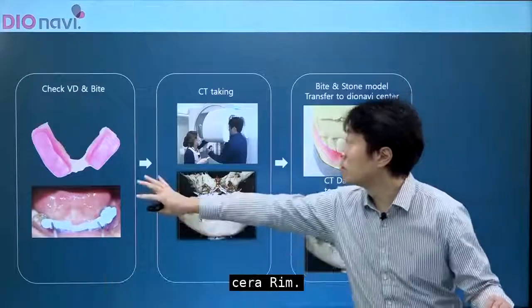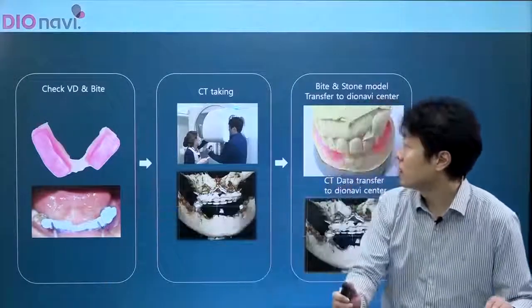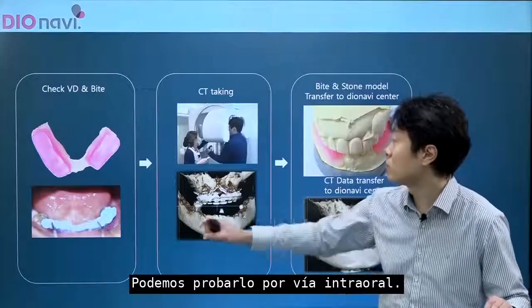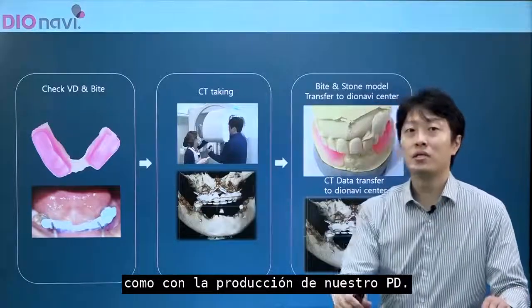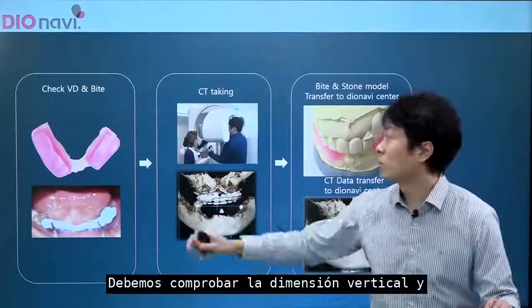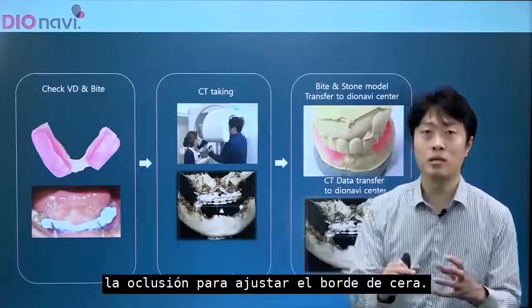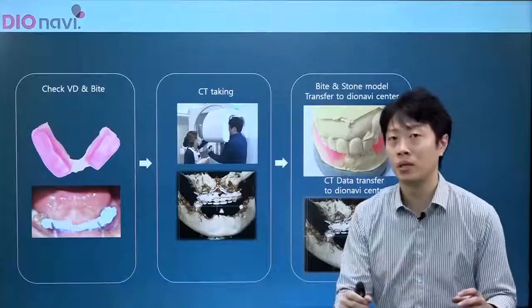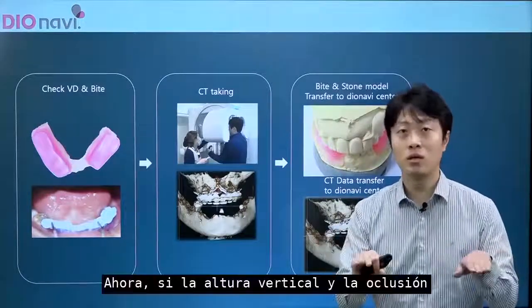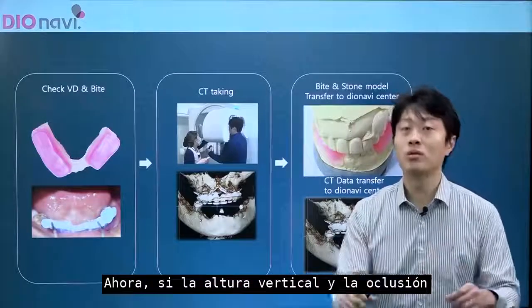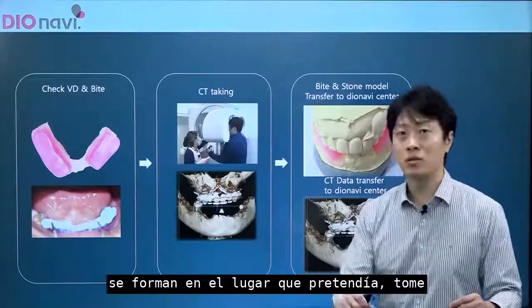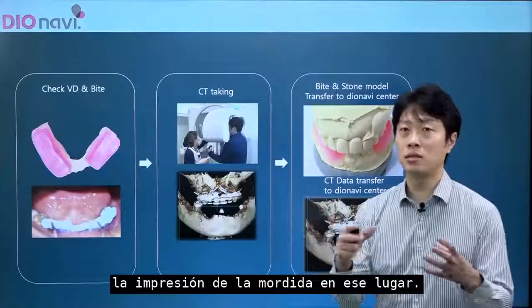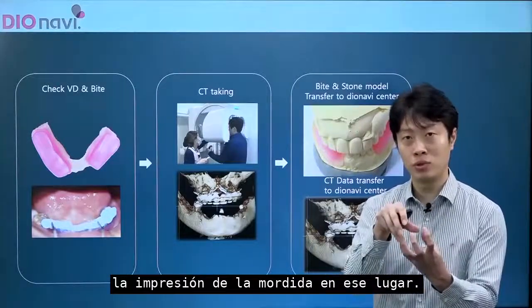When we receive the guide produced with the wax rim, we can try it intraorally. As with the production of RPD, we should check the vertical dimension and occlusion to adjust the wax rim. Now, if the vertical height and occlusion are formed in the location you intended, take the bite impression in that location.